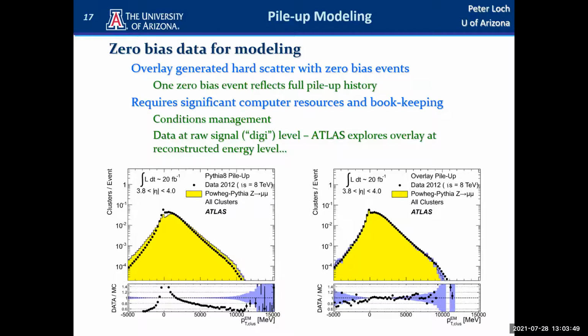So the minimal or zero bias data provides the correct image of pileup in the detector, also in this rather complex forward region.